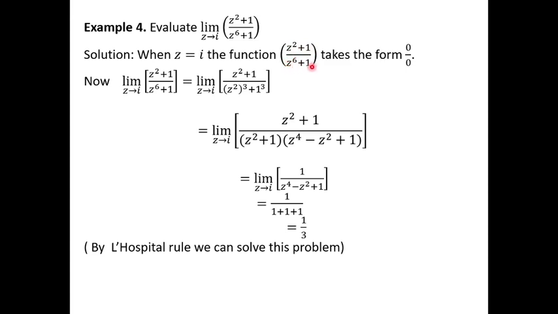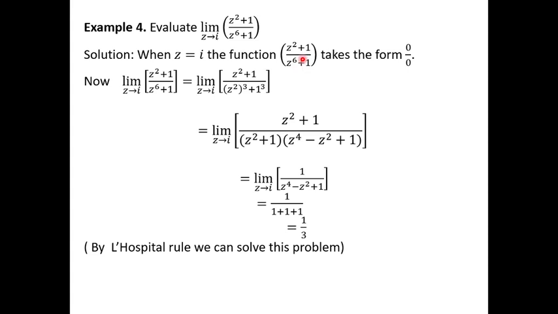Then differentiate the denominator with respect to z. Differentiation of numerator is 2z, differentiation of denominator is 6z to the power of 5. So 2z divided by 6z to the power of 5.